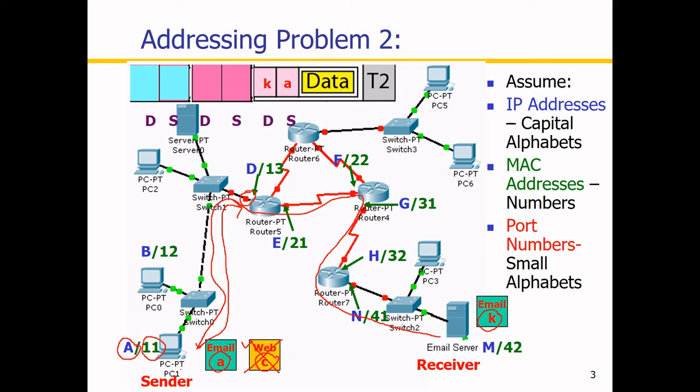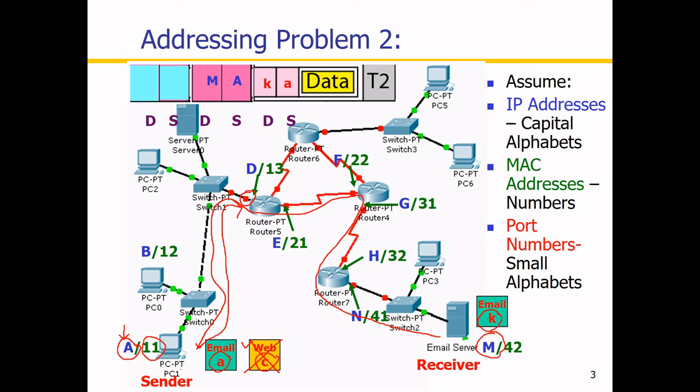What's changing is just the hops that are being taken when you're trying to send the data. The sender IP is going to be A, and the destination IP is going to be M. Once again, this hasn't changed.